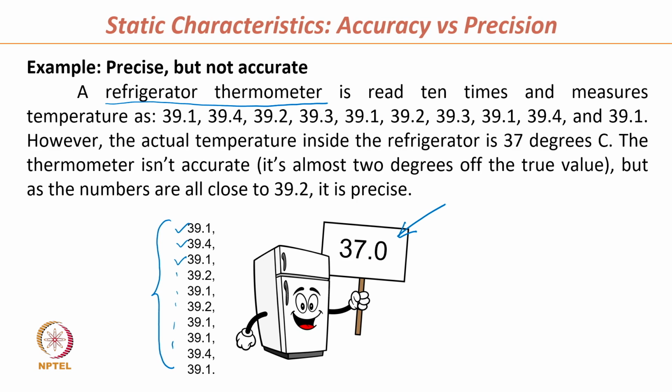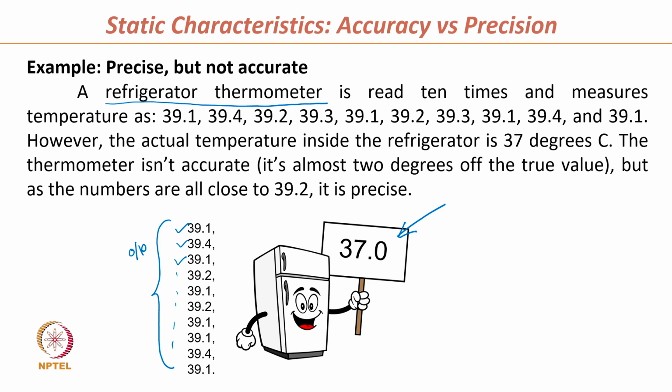So, we can see all the output readings of the sensor are confined to the 39 range, 39.1, 39.4, they are very close to each other.